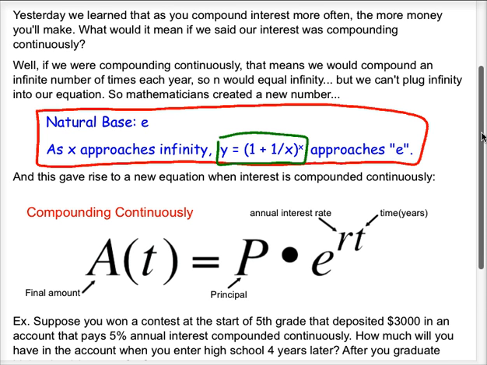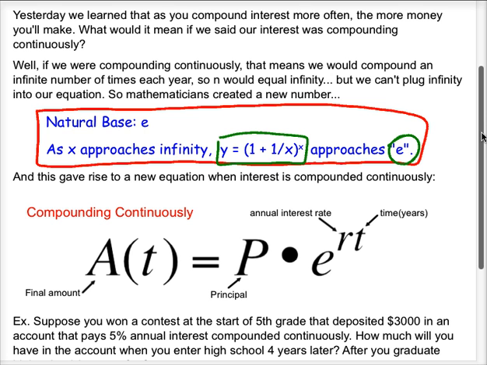Now this is called a limit. This is something you're not going to have to be able to do in Algebra 2. This is more of a pre-calc and calc concept. However, just do realize that when x approaches infinity, it actually is approaching a value. It's honing in on a particular number. And we called that number the number e.